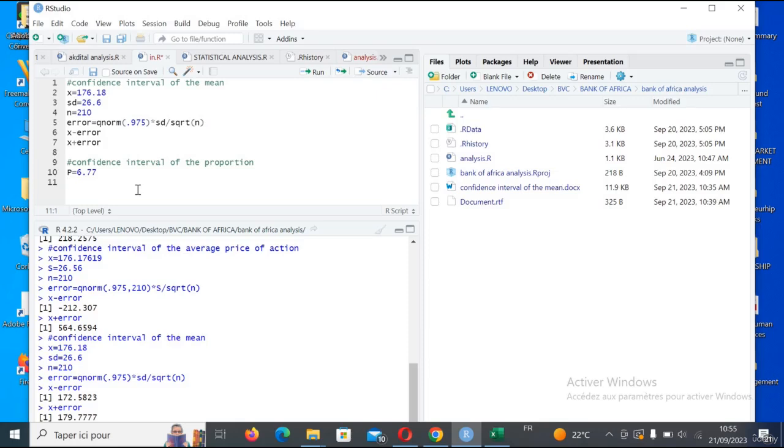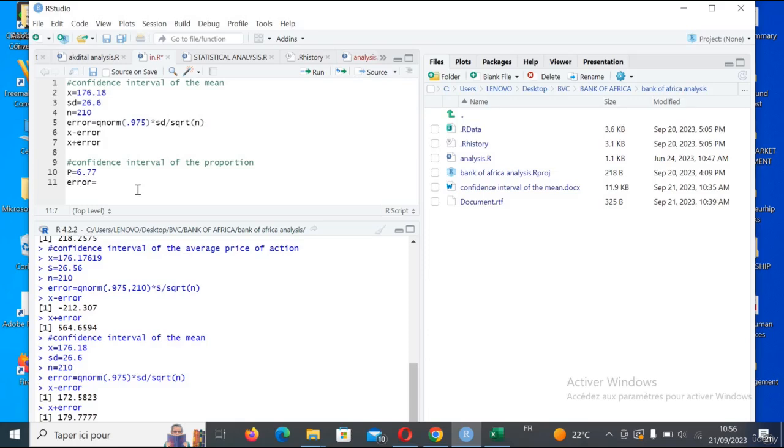The formula is very simple. We just take the average proportion. Then we're gonna calculate the margin of error. The margin of error, we have a unique formula for that. It's the qnorm distribution that I already explained.